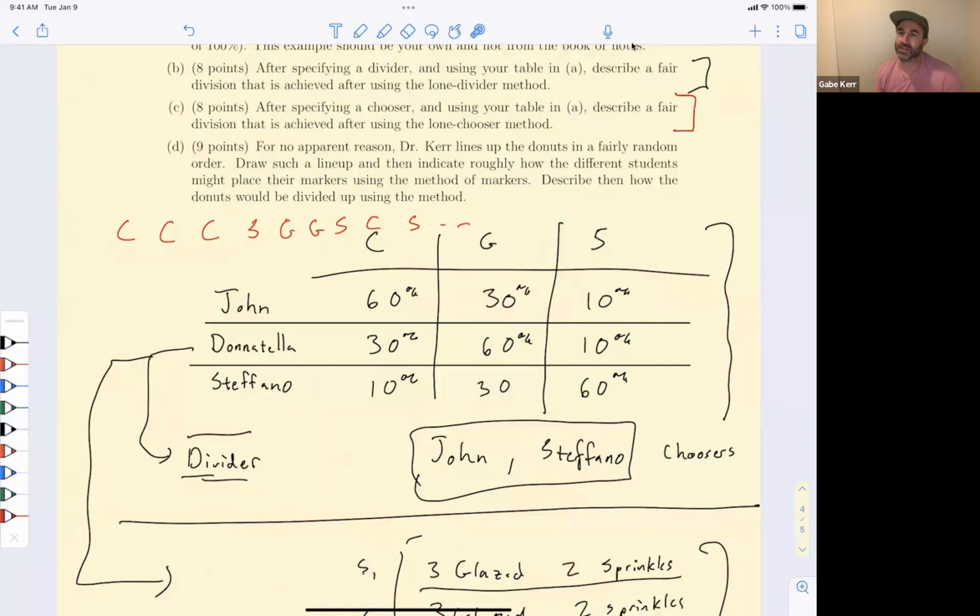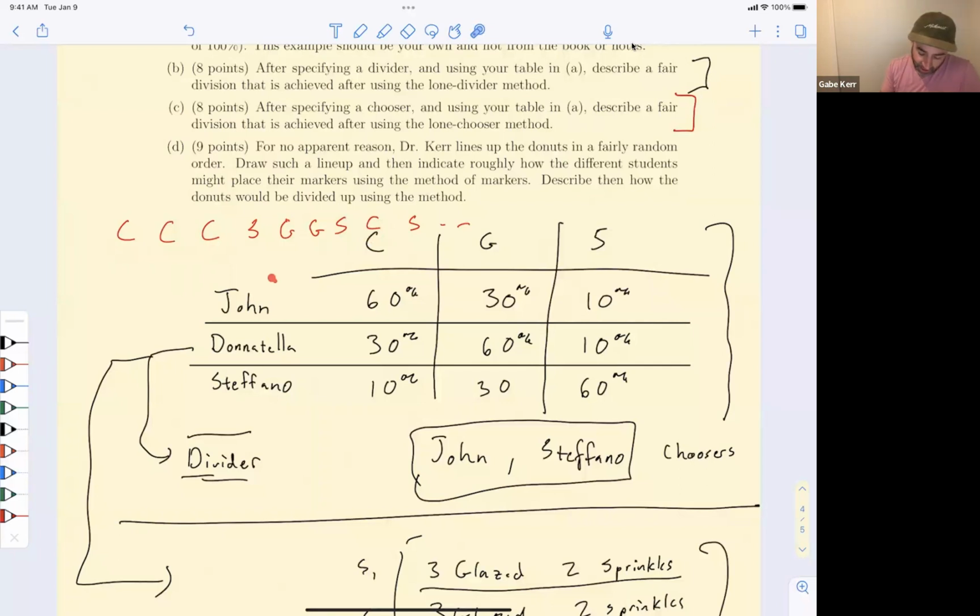Now, normally there are 18 donuts, so you'd want to split them up evenly into 6 per person. If you like donuts, period, and you didn't care what kind they were, 6 a person sounds fair. So if you had someone like that, that's fine.